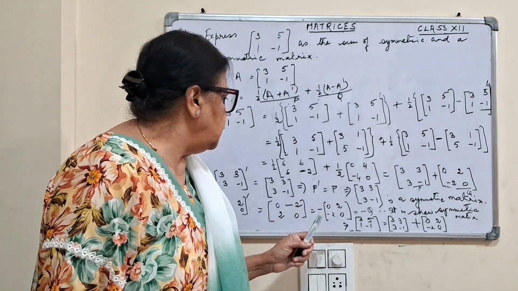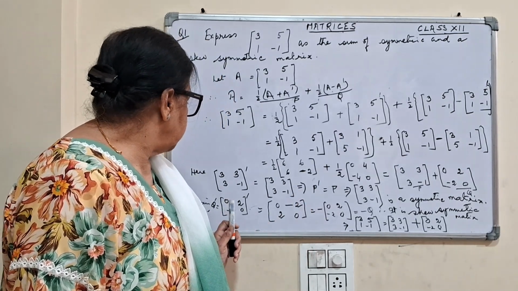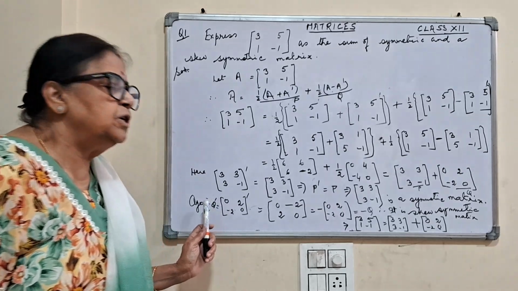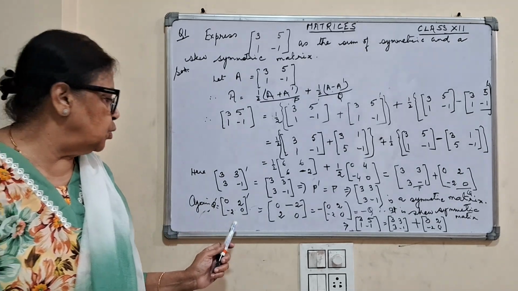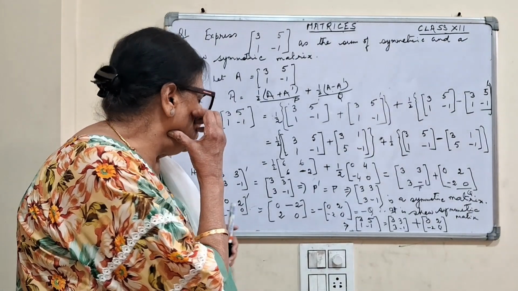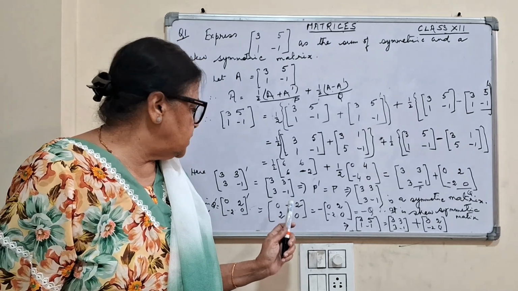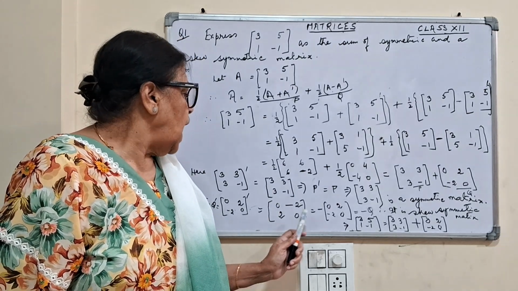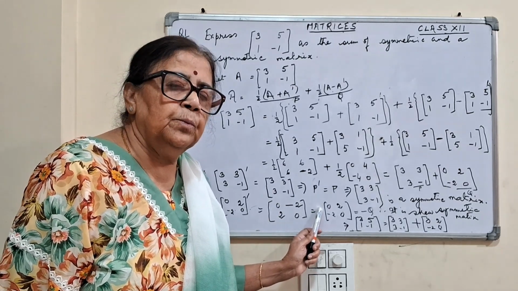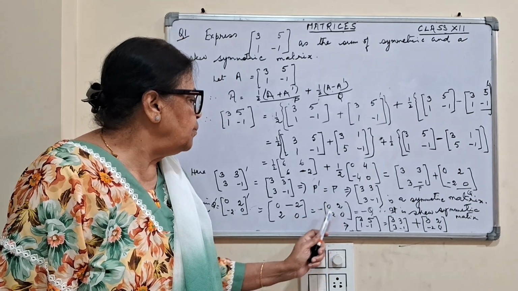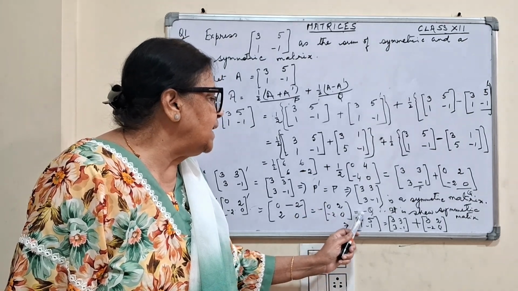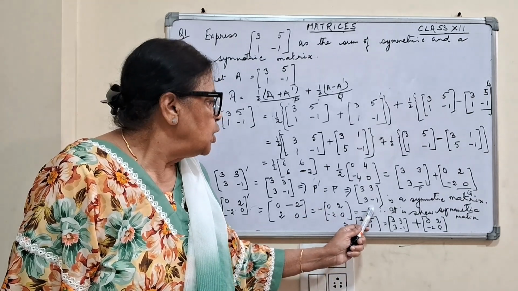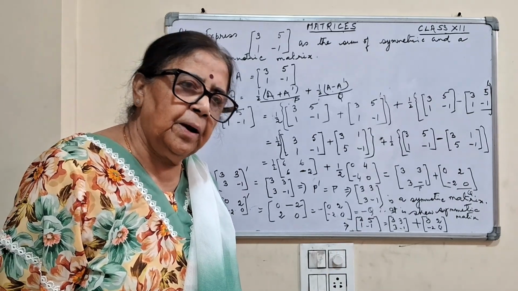And Q dash: [0, 2; -2, 0] transposed is [0, -2; 2, 0], and I take the minus sign common, then it is minus [0, 2; -2, 0], so I get it as minus Q. So it is a skew symmetric matrix.